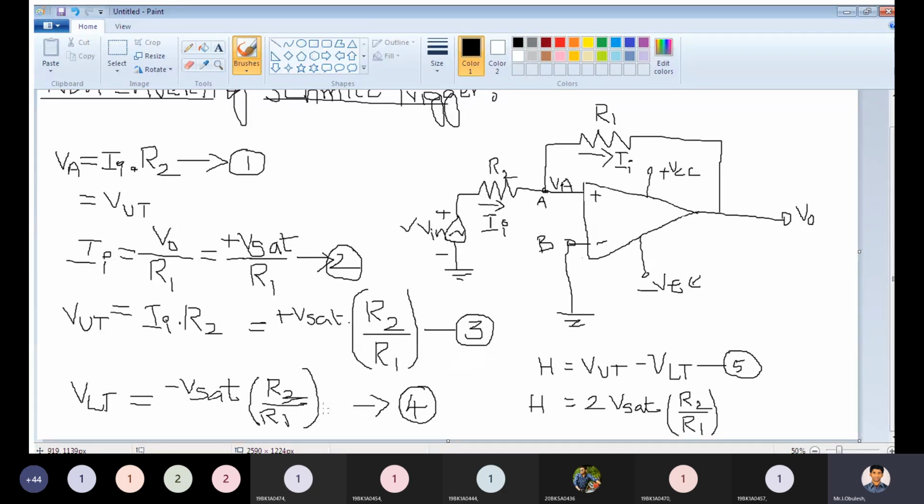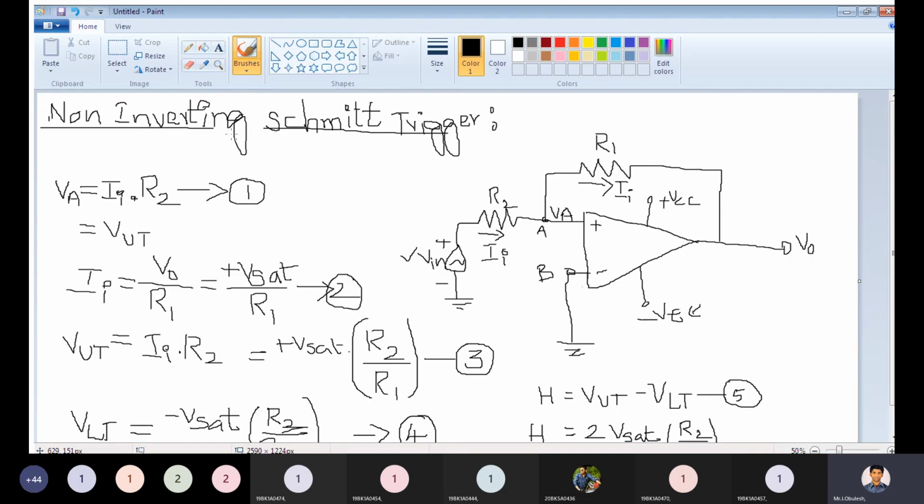The V0 changes from plus V saturation to negative V saturation. Why? Because the input voltage is less than V_LT. You need to write down those two conditions, and then the input and output waveforms and the hysteresis curve.